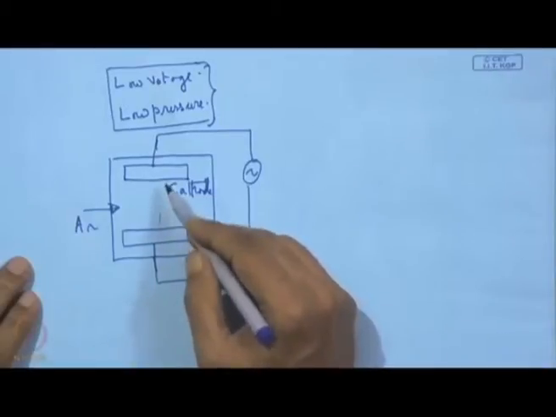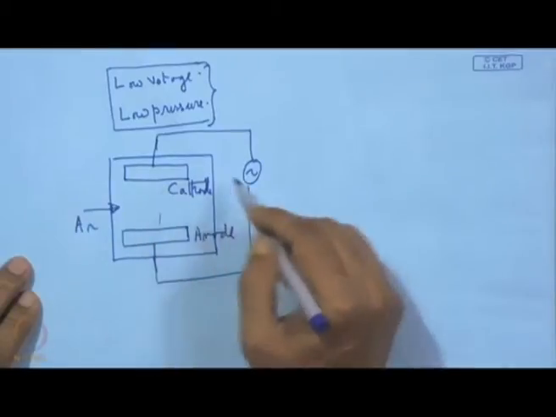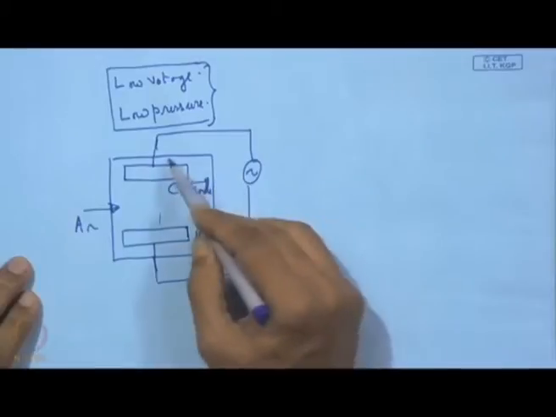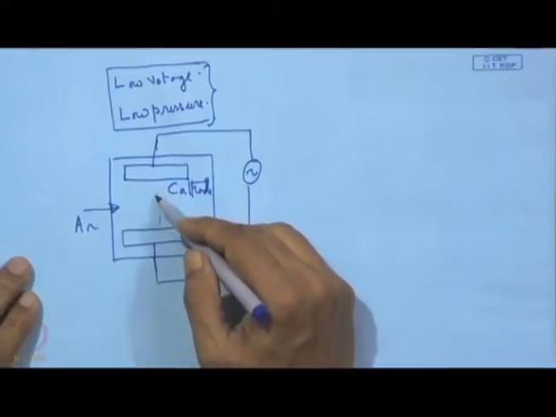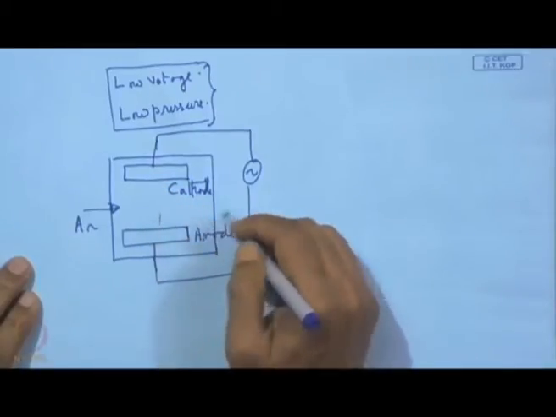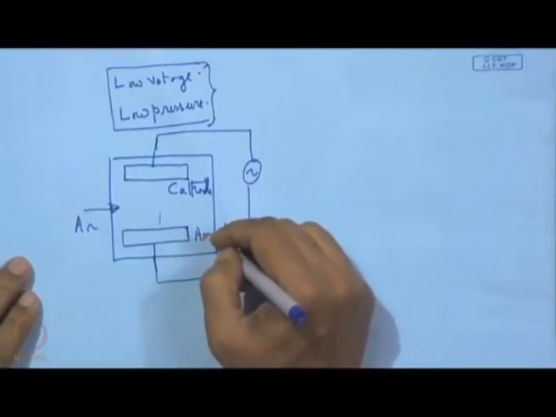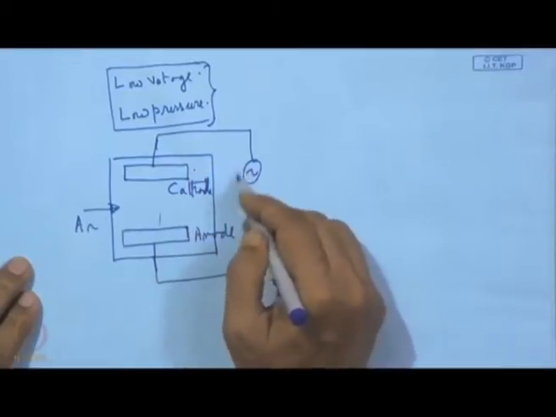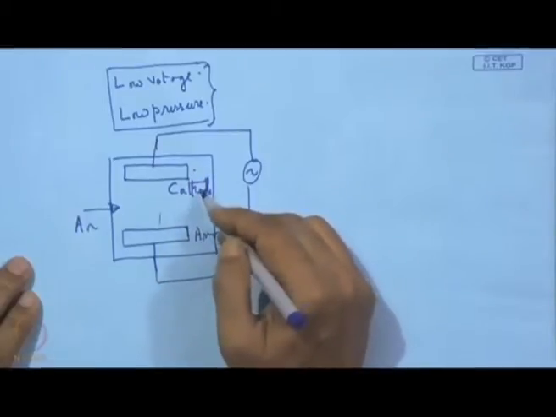It will be a swinging motion back and forth between these two, because in half a cycle the voltage will change its polarity. So, when it is negative, the electrons will be brought to this side. It is just not an anode, we should call it an electrode. These are the two electrodes, and they are changing their character from positive to negative.